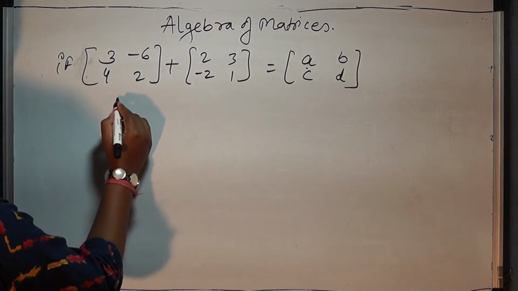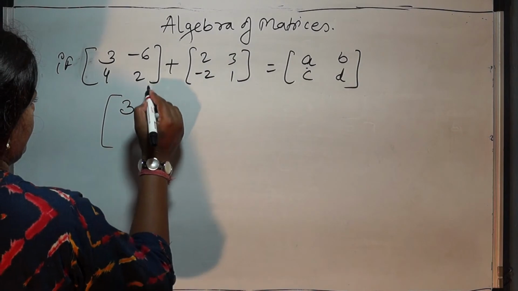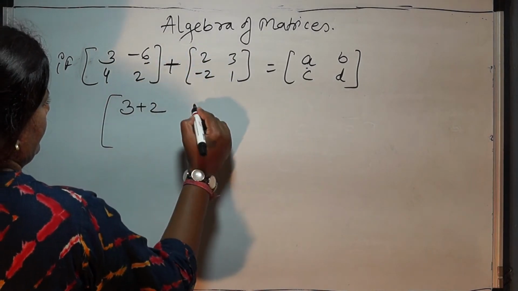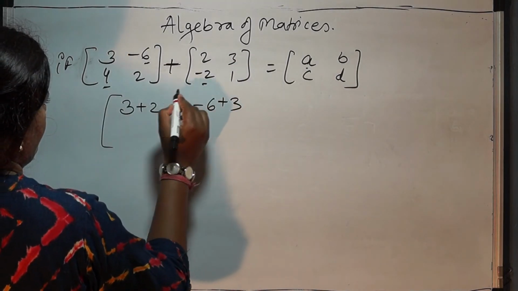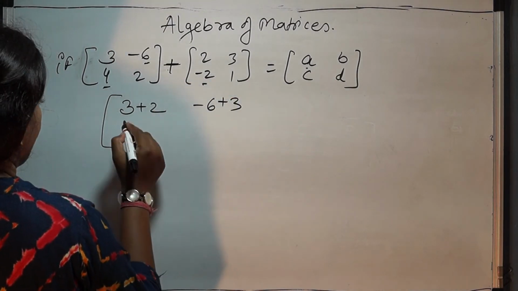Now as we know, 3 plus 2, minus 6 plus 3, 4 plus minus 2. So plus and minus will be minus.